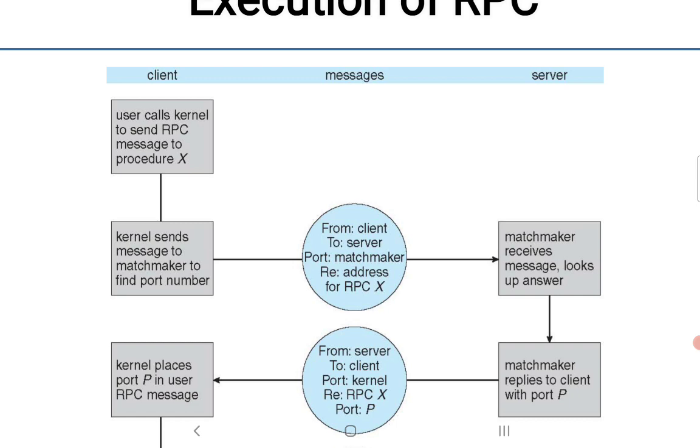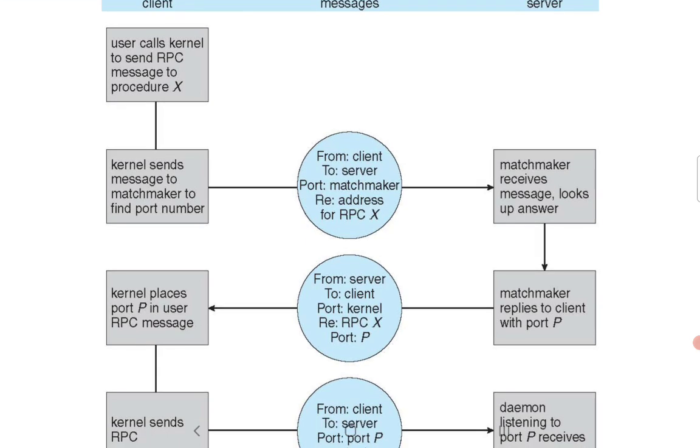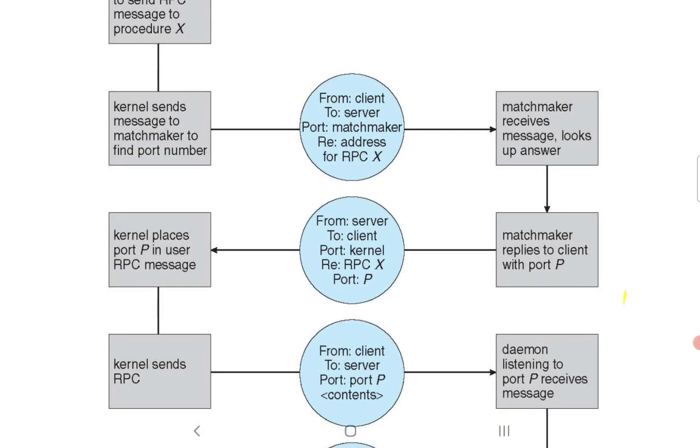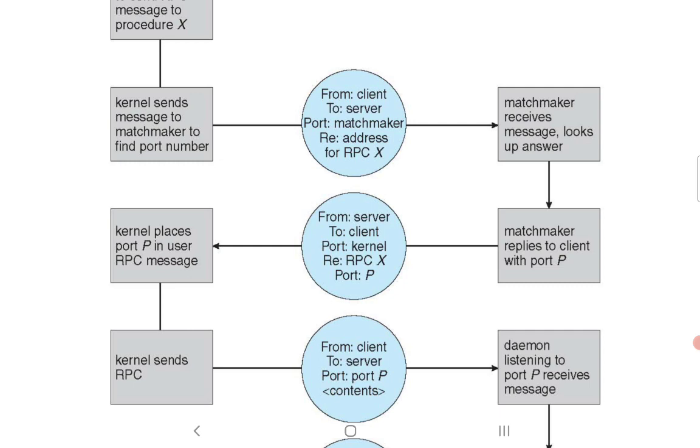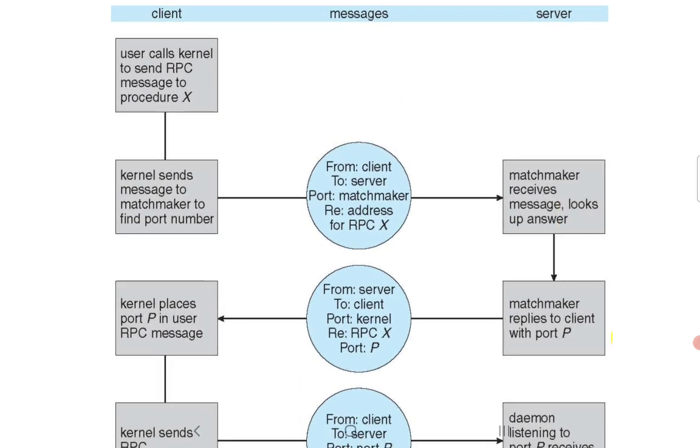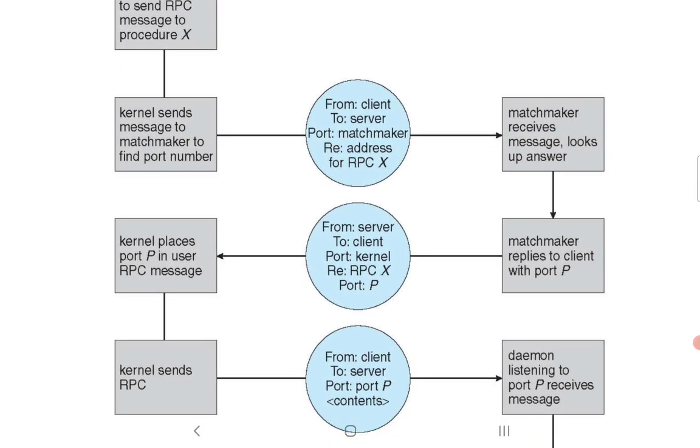So the matchmaker will locate the server, and it will receive the message and look up the answer. Where is this server actually located? The matchmaker will reply to the client with the port.